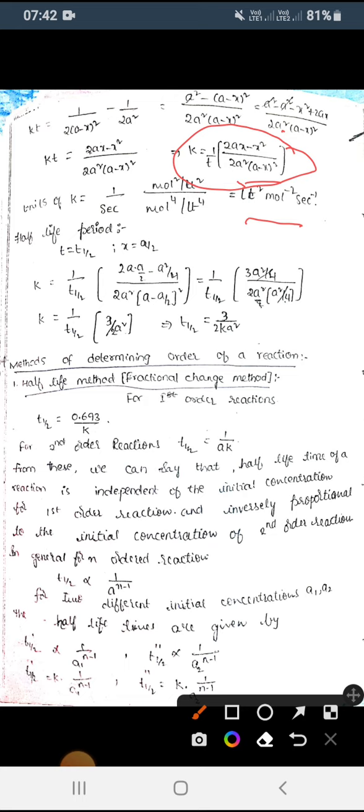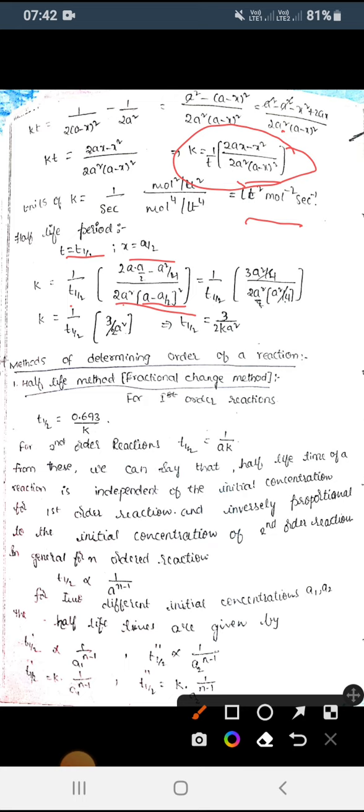When we look at the half-life period, t equals t half, and x equals a by 2. Then k equals 1 by t half. Substituting these values, we get t half equals 3 by 2k a square.